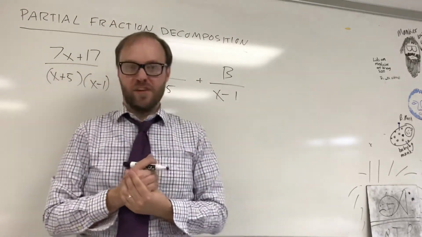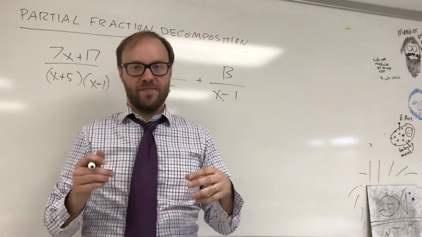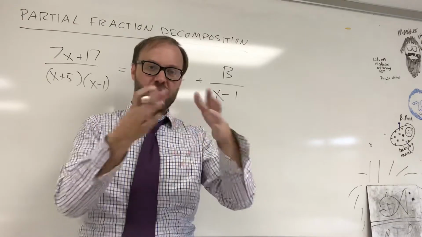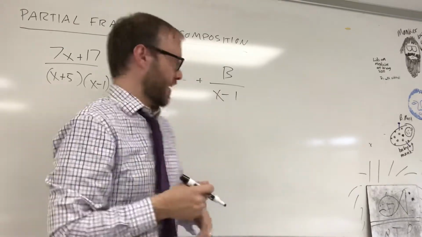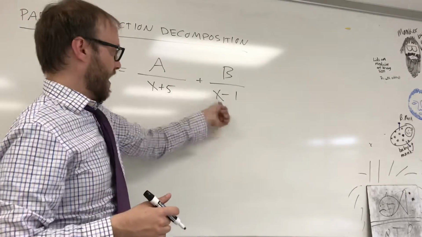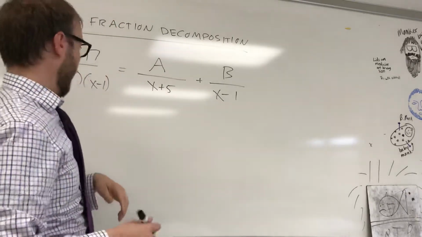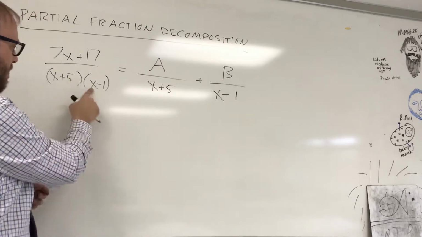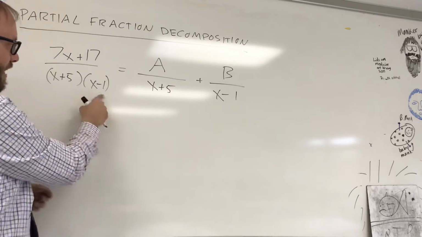There are a couple of ways you can do this. I'm going to show you the most straightforward way first, and then some progressively faster ways. First of all, you really need a common denominator to be able to add two fractions. Your common denominator can be found by multiplying x plus 5 and x minus 1.